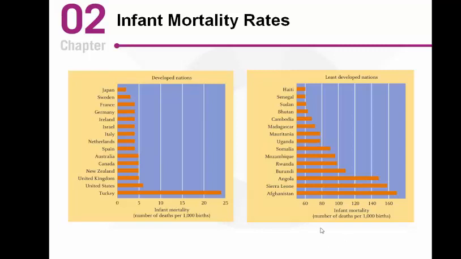You can see from developed nations here, we're kind of on the bottom, which means we have higher rates of infant mortality than a lot of other developed nations, although Turkey has substantially more infant deaths than we do. But then looking at the least developed nations, one thing to note, look at the numbers at the bottom.